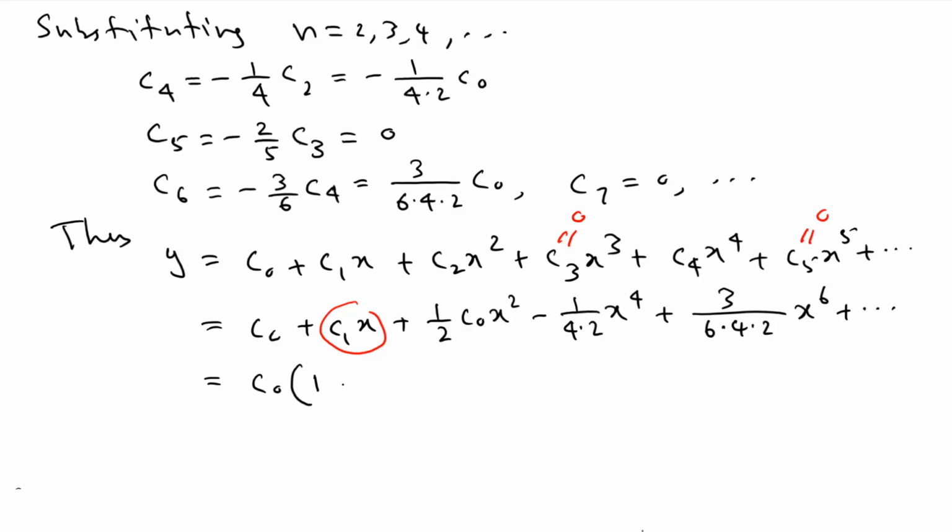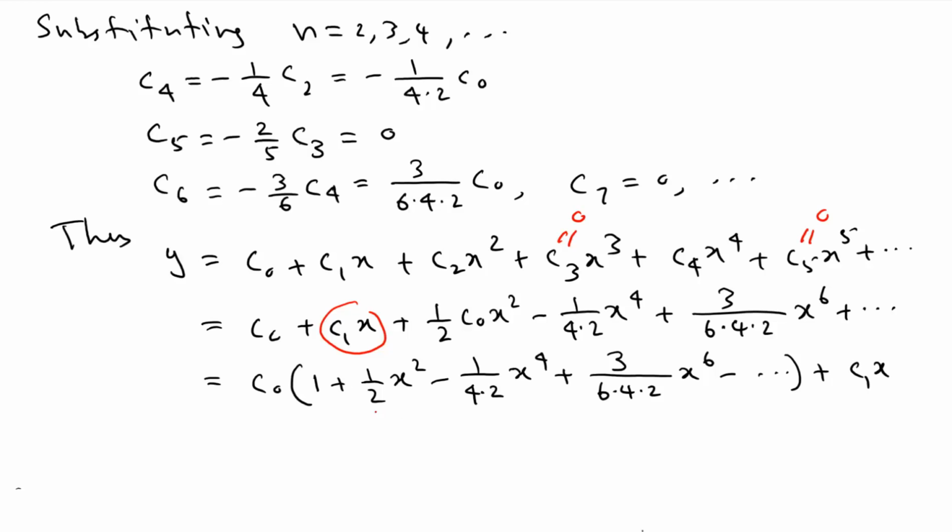It's going to be 1 plus 1/2 x squared minus 1/(4 times 2) x to the 4th plus 3/(6 times 4 times 2) x to the 6th minus, and so on, plus we have the c1x term.